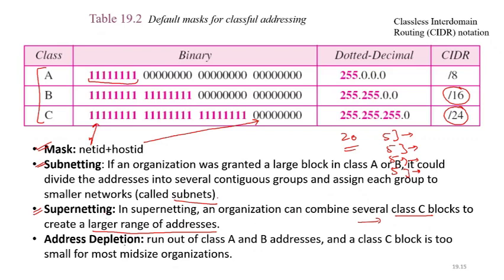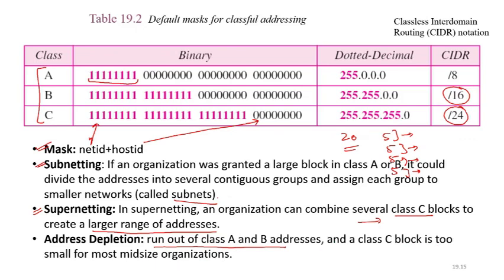Here, address depletion is termed as running out of class A and class B addresses. If there is a limited number of addresses in class A and class B and we are running out of addresses, that is called address depletion. And a class C block is too small for most mid-sized organizations.